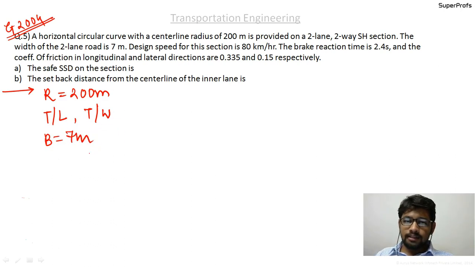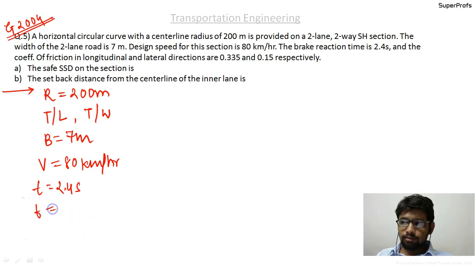The design speed for this section is 80 kilometers per hour. The brake reaction time is 2.4 seconds, and the coefficients of friction in longitudinal and lateral directions are 0.335 and 0.15 respectively.